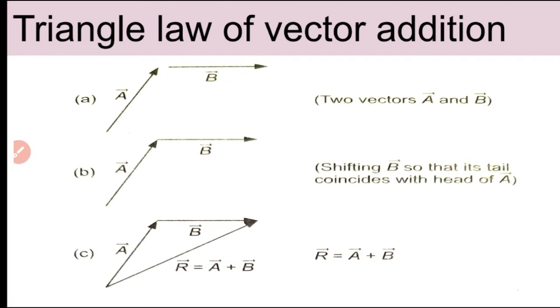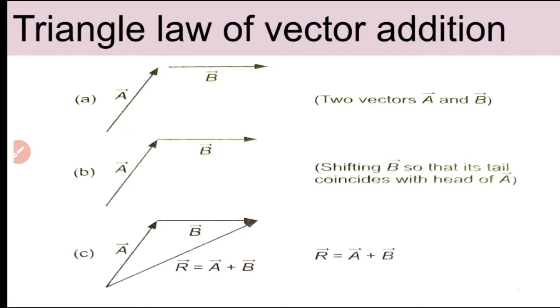vector A. So I will repeat, you have to shift B and keep it on the head of vector A. But while shifting, you should be careful so that its direction is not changed. That is very important.